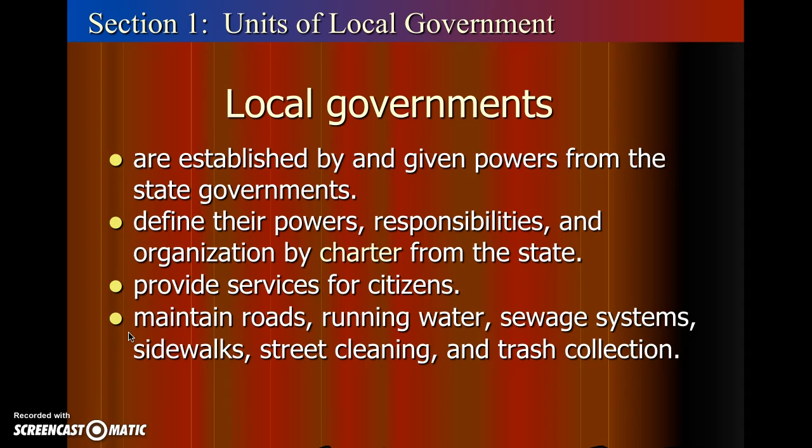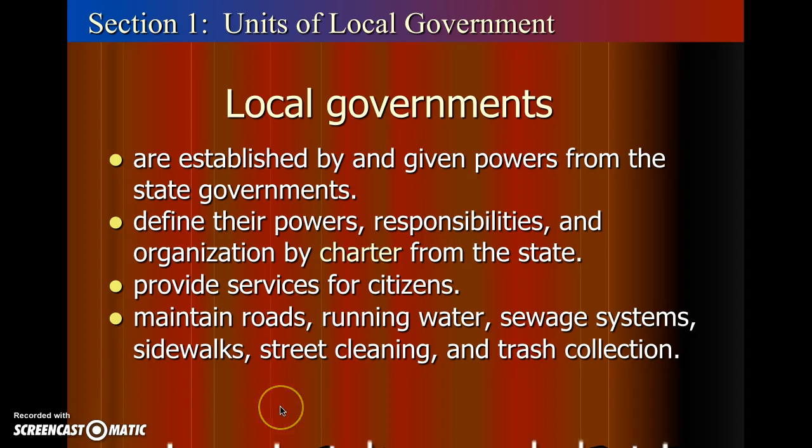So once a month, your household will get a bill from the city of Pierce, and on that you're going to pay for your water, you're going to pay for your electricity, and one of the other things you're going to pay for is trash collection.